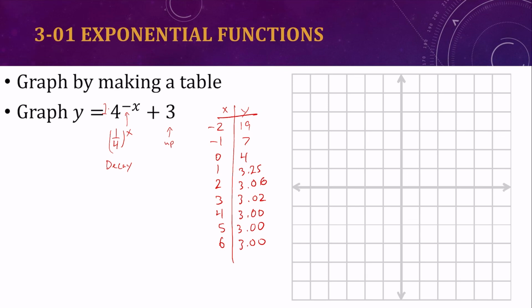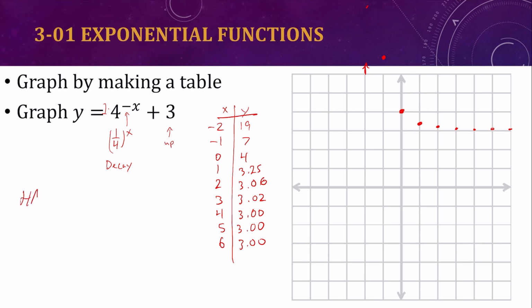So plot those points. Negative 2, 19 is way up there. So we're going up. We have negative 1, 7 there. 0, 4. 1, 3.25, then 3.06, 3.02, 3, 3, and 3.